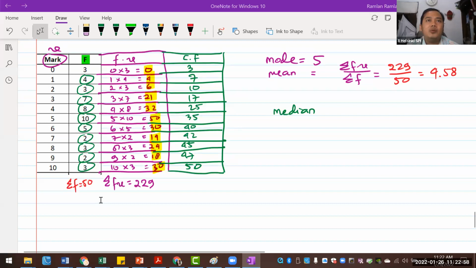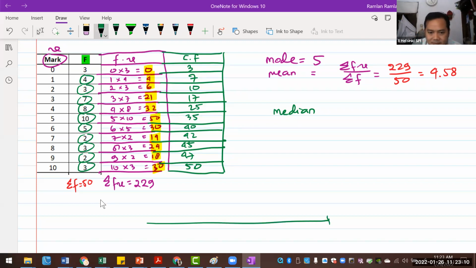Question is, what data is the median? Data keberapa? Gimana, Andin? Apakah Andin nge-lag juga? Oh, Andin nge-lag juga. Kemal deh, Kemal. Gimana, Kemal?